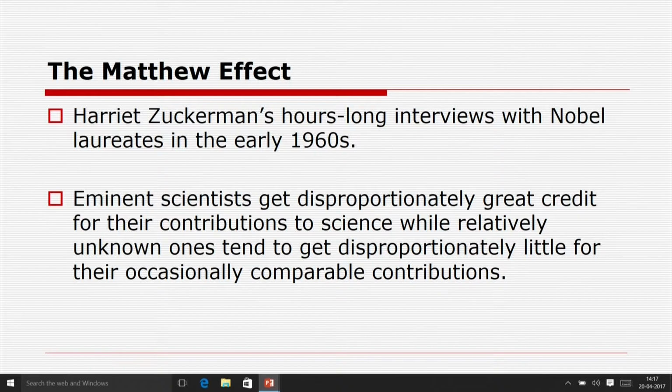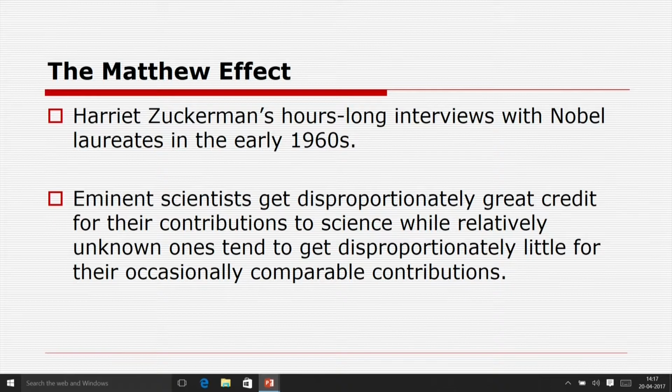And it is repeatedly suggested in those interviews conducted by Harriet Zuckerman that eminent scientists get disproportionately great credit for their contributions to science, while relatively unknown scientists, relatively less known scientists, tend to get disproportionately little for their occasionally comparable contributions.